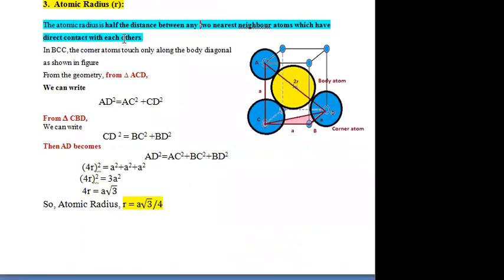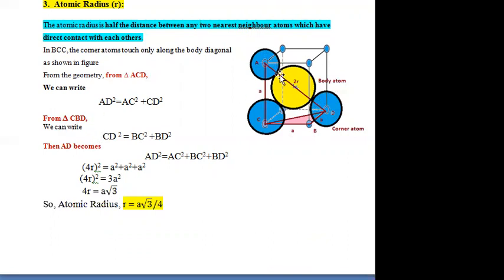The third parameter is the atomic radius: half of the distance between any two nearest neighbors which have direct contact with each other. Here the corner atoms do not touch each other, but they touch only through the body diagonal. To measure the atomic radius R, we take the front view of a BCC structure. From the front view, we consider two triangles, triangle ACD and triangle CBD.